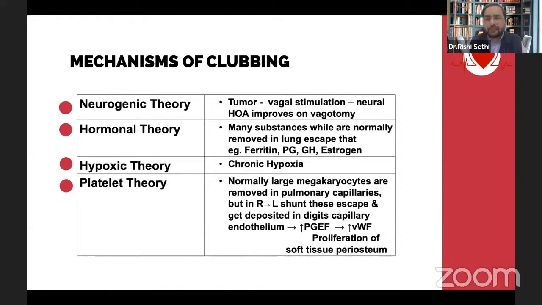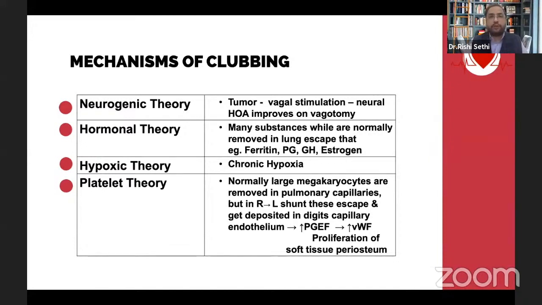Mechanisms of clubbing: sometimes a very purist examiner will ask you. All these things are probably not of much value in making a diagnosis, but if your exam is going fine and your examiner sees potential in his old-time purist examination, there is a neurogenic theory, especially associated with tumors, where vagal stimulation leads to clubbing.